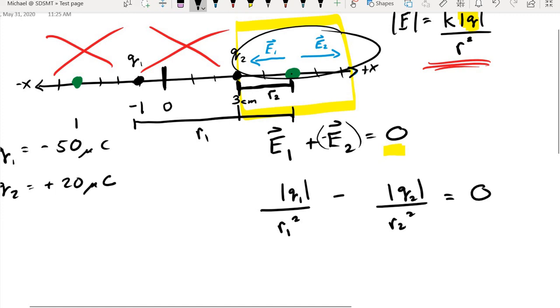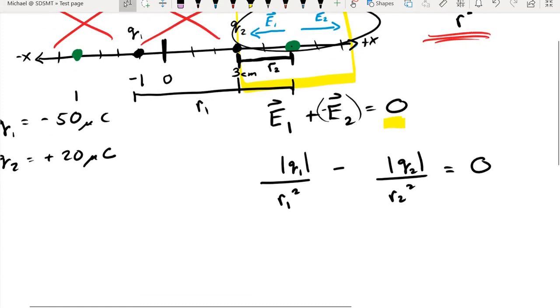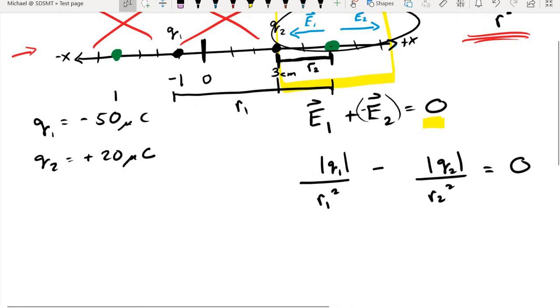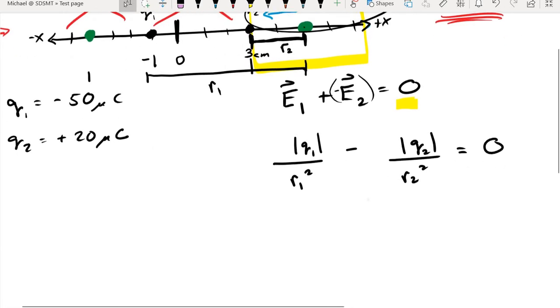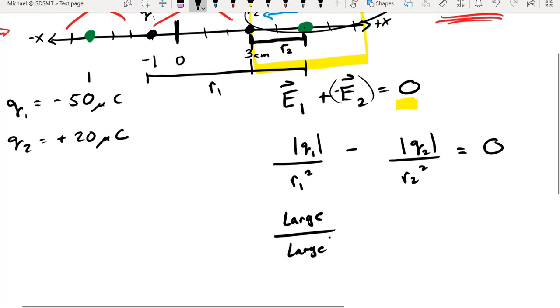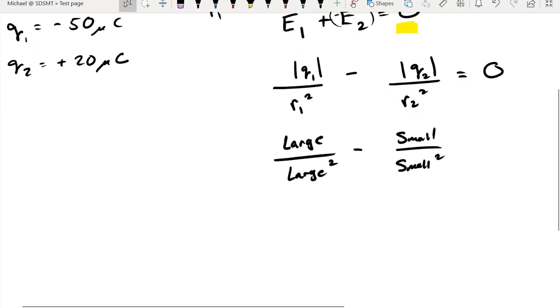And so now we've seen the situation flip. R1 has now become the larger of the separation distances, and R2 has become the smaller. But Q1 is still the larger magnitude of charge, Q2 is still the smaller magnitude of charge, and so now we have a large charge divided by a large separation distance, and a small charge divided by a small separation distance.